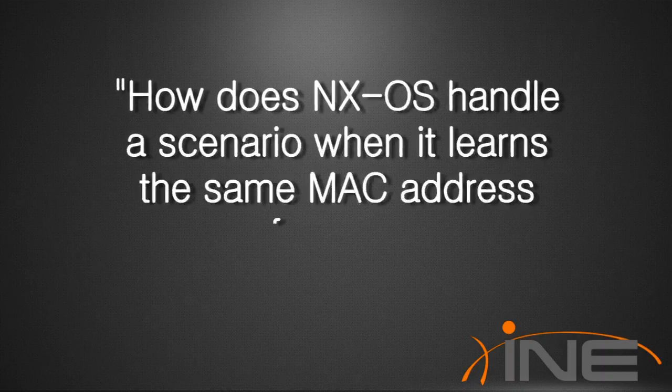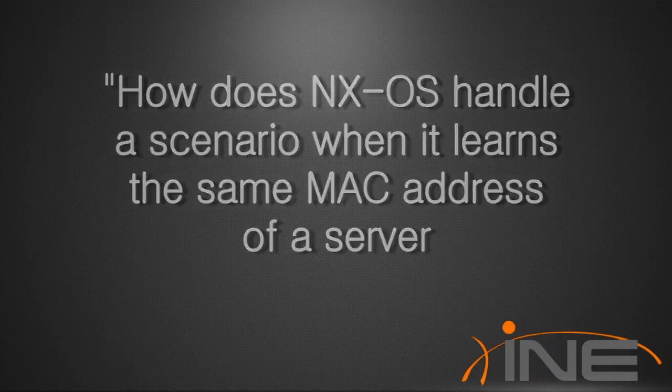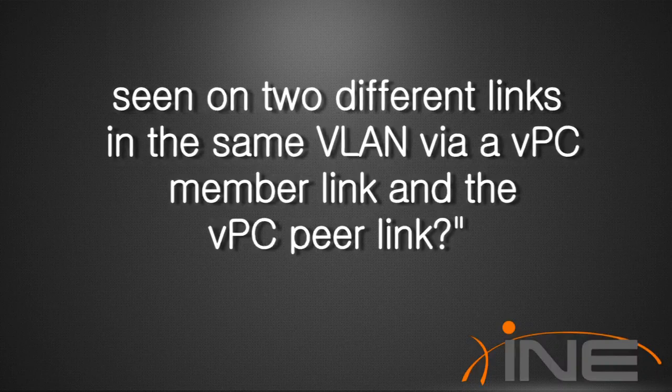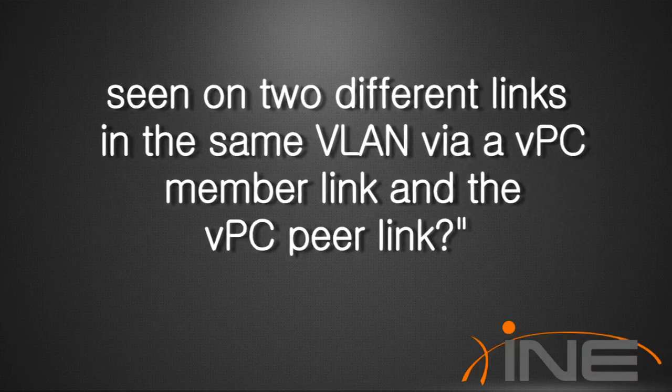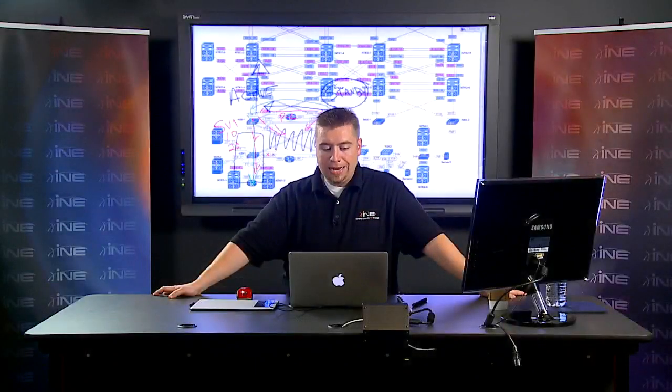There's a question, how does NX-OS handle a scenario when it learns the same MAC address of a server seen on two different links in the same VLAN via a VPC member link and the VPC peer link? That actually would be the default behavior.